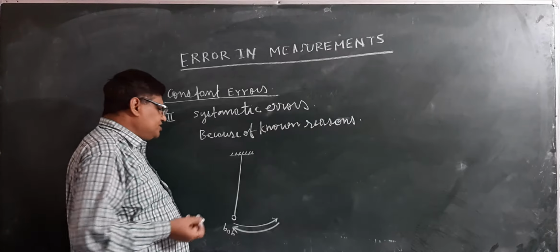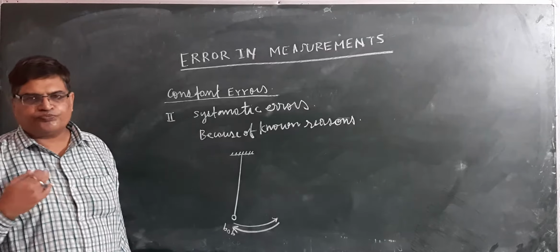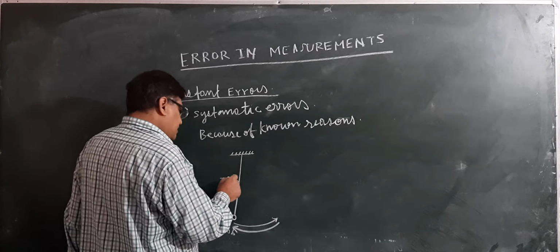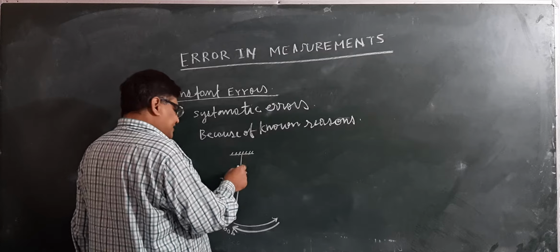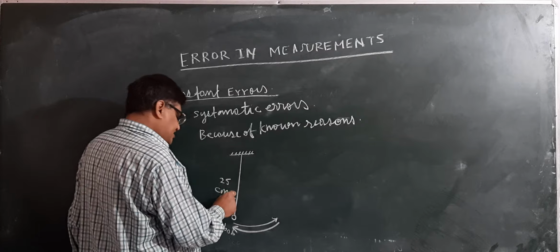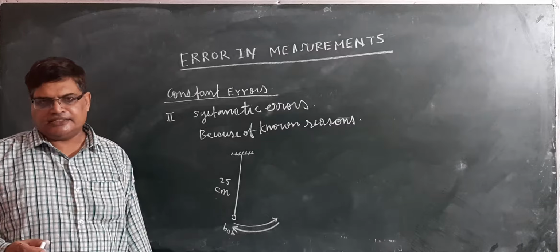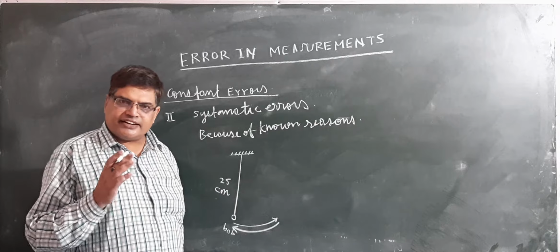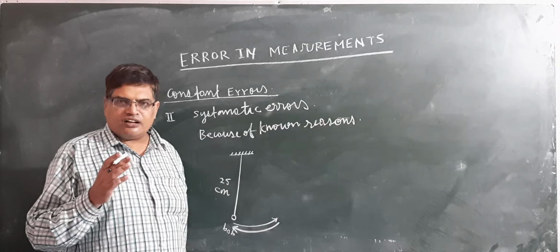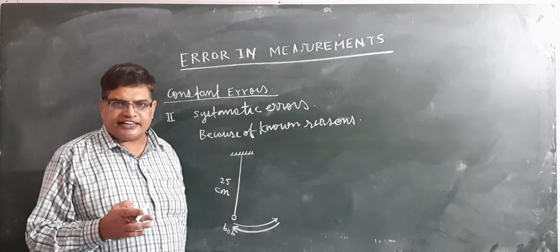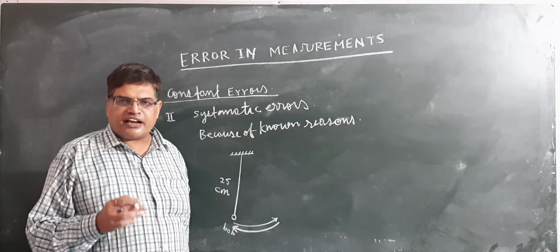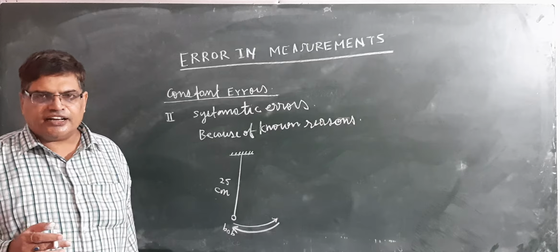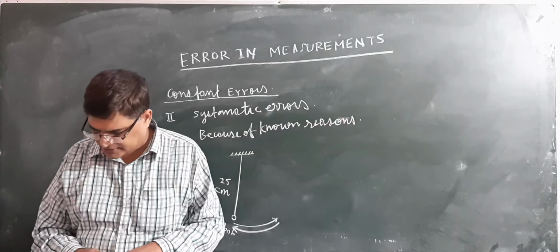But however, if the conditions are not proper, suppose you have taken 25 centimeter like this, but because of your mistake, this is not exactly 25 centimeter, but there is a difference. Then this will give you an error, and this is because of a known reason, that is because of your mistake in measuring the length of the thread, and this can be eliminated by carefully measuring the length of the thread. So such type of errors are called systematic errors.